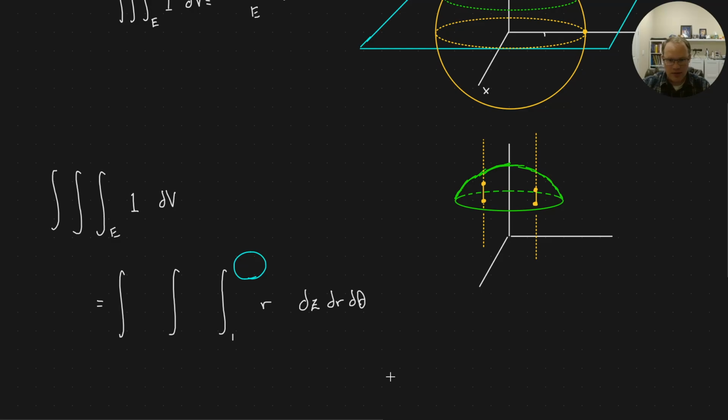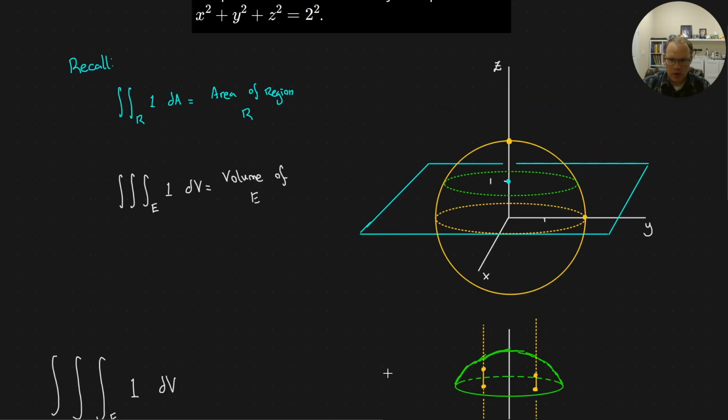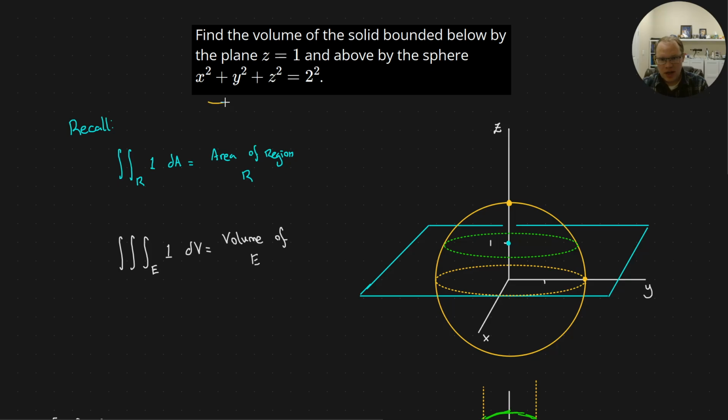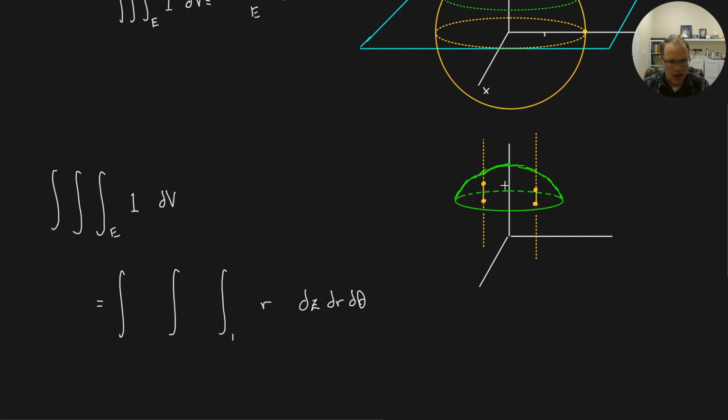So I need a way to write the sphere as z equals something. Right now we have the sphere as x squared plus y squared plus z squared equals 2 squared, or x squared plus y squared plus z squared equals 4. But I need it to be written as z equals something. So I'm going to solve for z in this equation. So subtract x squared and y squared.